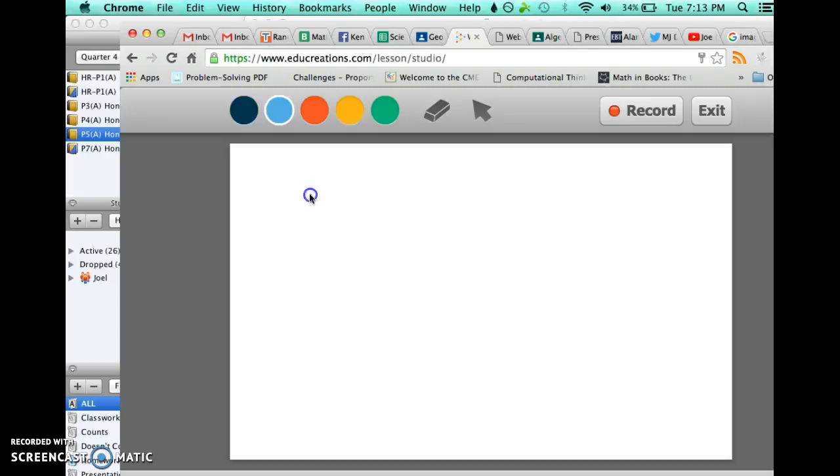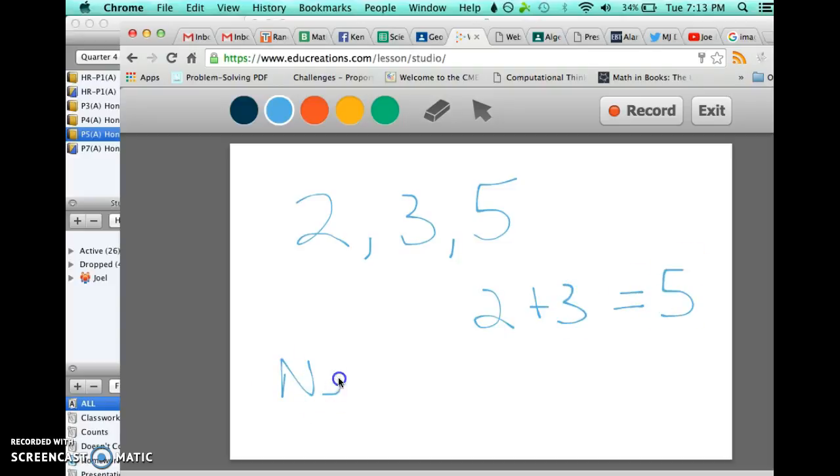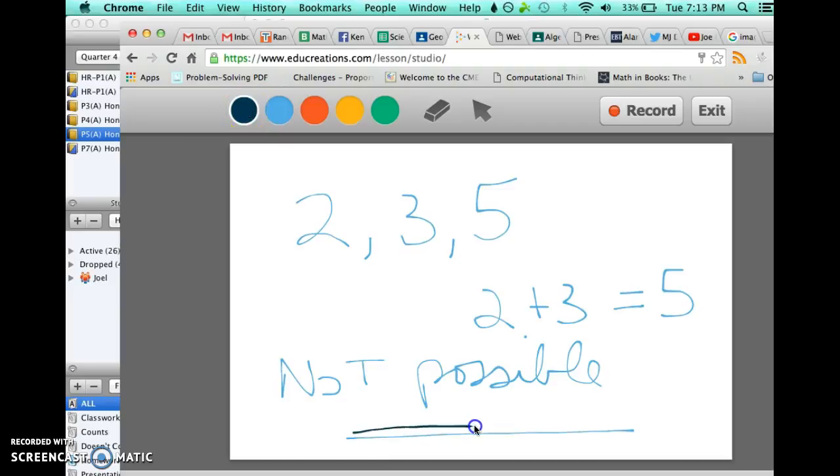What about 2, 3, 5? Well, is 2 plus 3 greater than 5? No, it's equal. That's also not possible. Think about it. If 5 is your base, and you've got 2 going this way, and 3 coming back this way, the triangle would have no height because the 2 and the 3 would just touch each other.